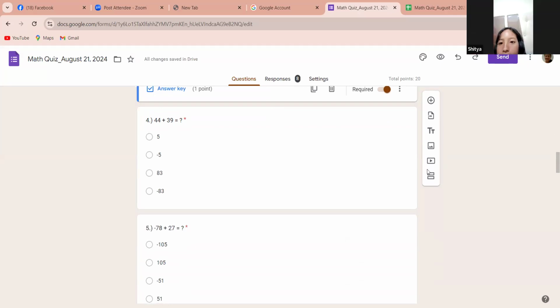Positive. Since the two integers have the same sign, what are we going to do? We are going to add, and then what sign are we going to use? The sum of two positive integers will also become positive.